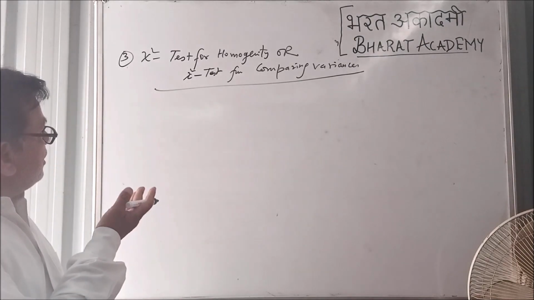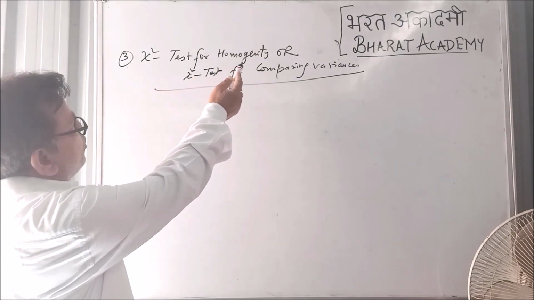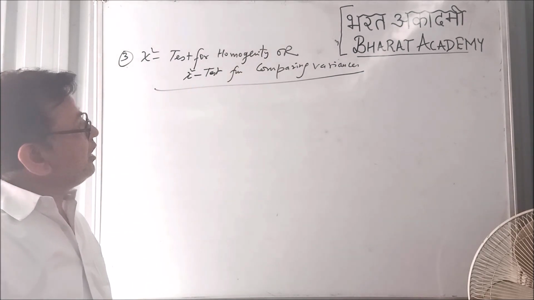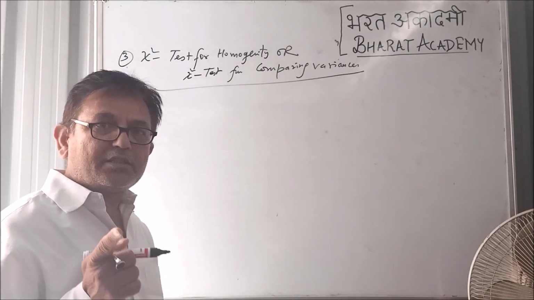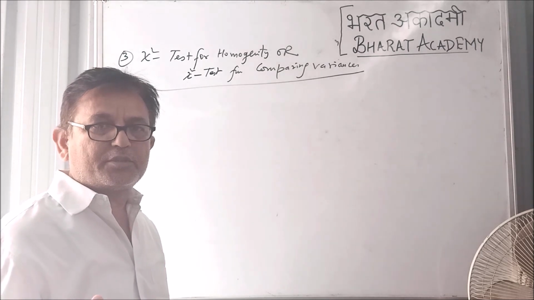Now students, the third application of chi-square test is chi-square test for homogeneity or chi-square test for comparing variances. In 99% cases, the chi-square test is used as a non-parametric test since it is not derived from the population observations.